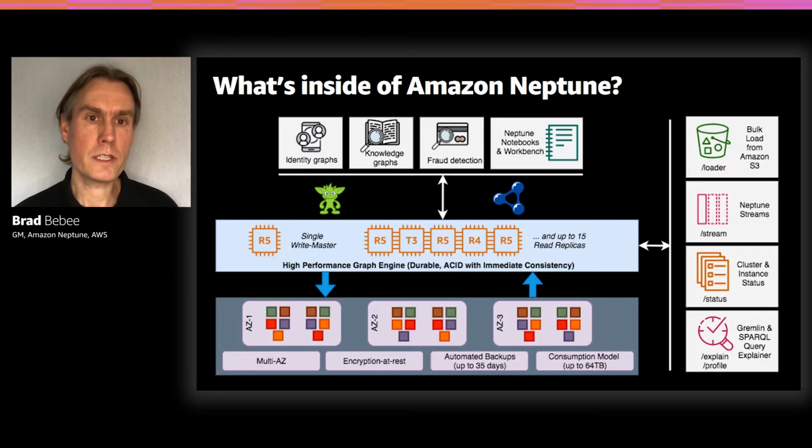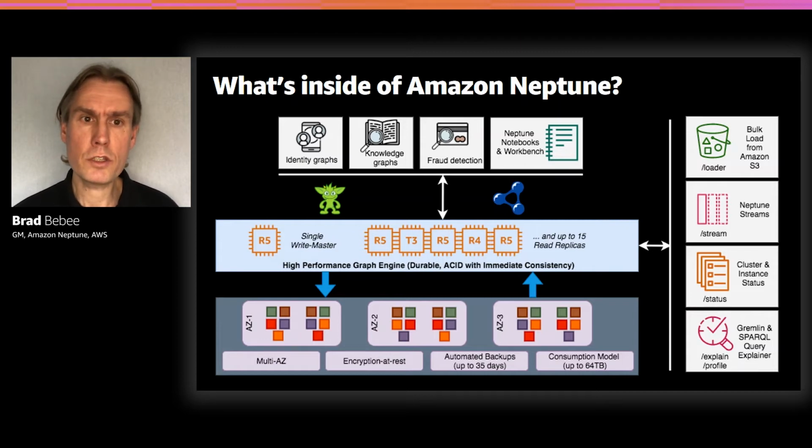Neptune is delivered as a managed service. And as a managed service, it sits on top of a cloud-native storage layer that was originally developed for other instance-based databases on AWS, and this is what's shown at the bottom of your screen. That provides multiple availability zone high availability. It supports encryption at rest with customer-managed keys managed in the AWS Key Management Service, or KMS.